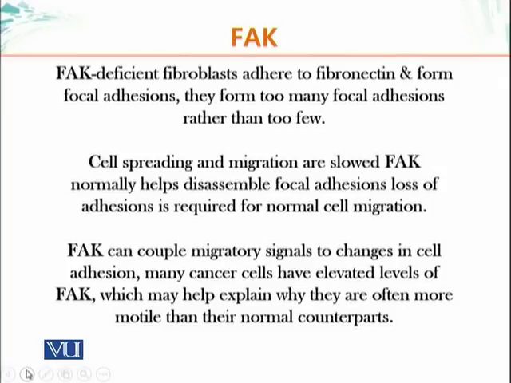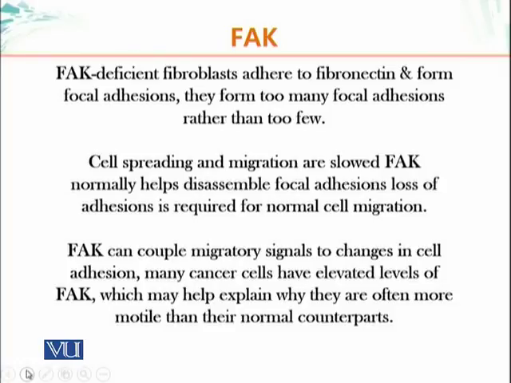FAK deficient fibroblasts adhere to fibronectin and form focal adhesions, but they form too many focal adhesions rather than too few. So we have seen that FAK plays a very important role in linking integrins with the cytoskeleton.